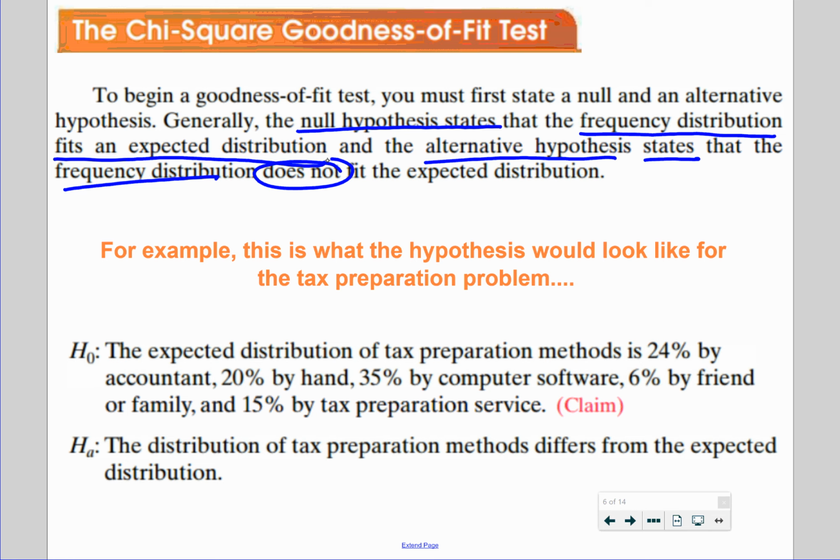The null is that the expected distribution of tax preparation methods is 24% by an accountant, 20% by hand, 35% computer software, so on and so forth, and that was the claim that was being made that we would test. The alternative hypothesis is that it is different from the expected distribution, and that's really all you have to say. It's not what's written in the claim. Okay?